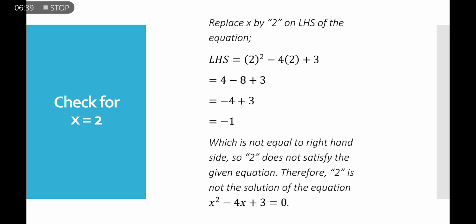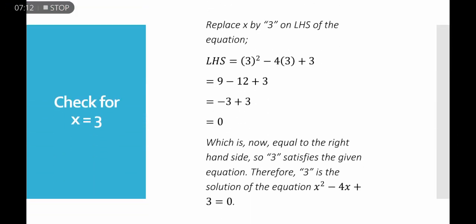Left hand side is equal to 2 square minus 4 into 2 plus 3, that is equal to 4 minus 8 plus 3, that is equal to minus 4 plus 3, and that equals minus 1, which is not equal to right hand side. So 2 does not satisfy the given equation. Therefore 2 is not the solution of the equation x square minus 4x plus 3 is equal to 0.